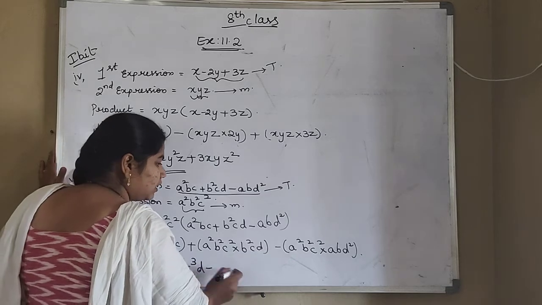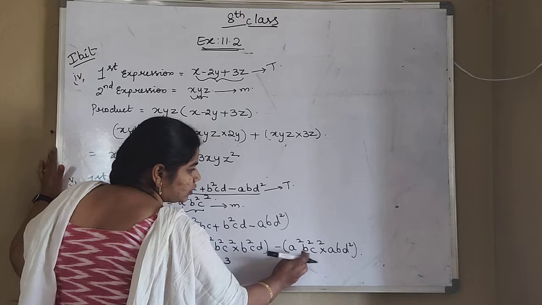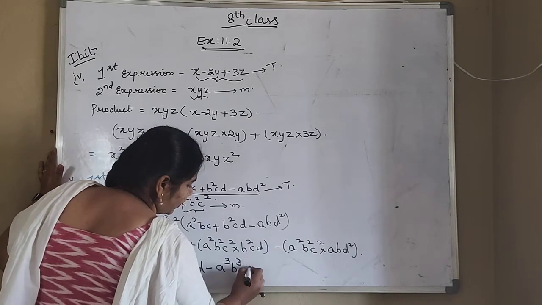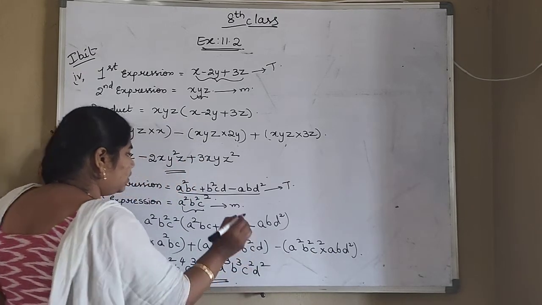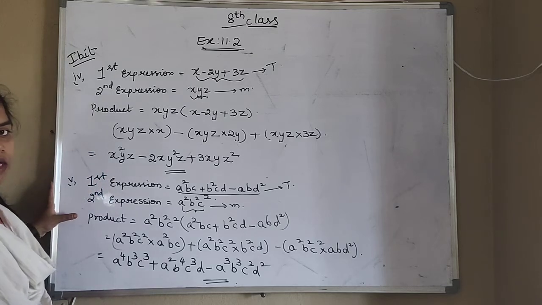Now minus, a square into a will be a cube, b square into b will be b cube, only one c square term and one d square term. So this is our first bit. We have multiplied a monomial with trinomial terms.